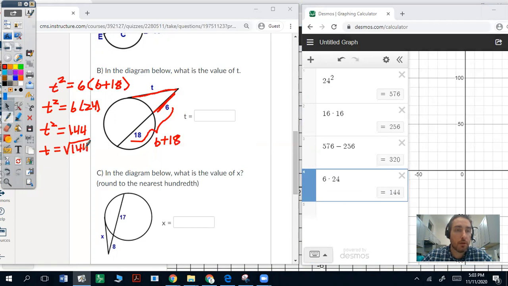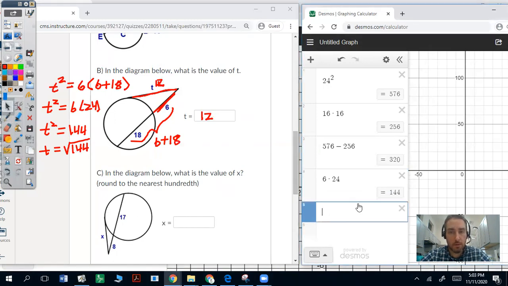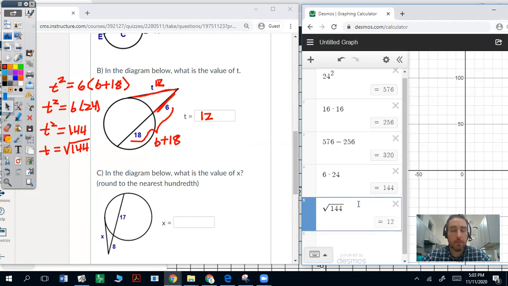And that should give you 12. So that length here is 12. Square root of 144 is 12. So you try letter C. Make sure you can get that. And you can check with your teacher in class.